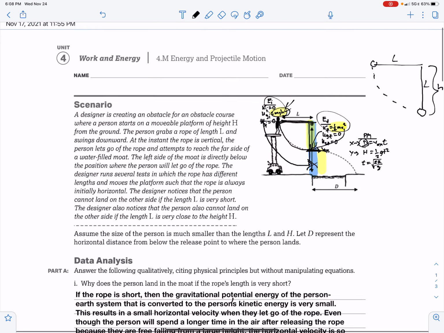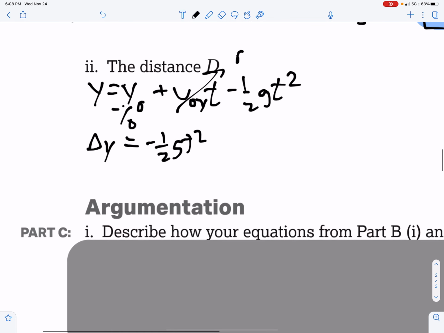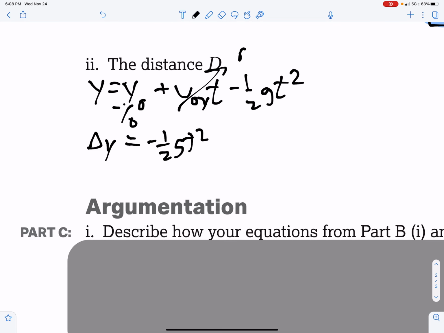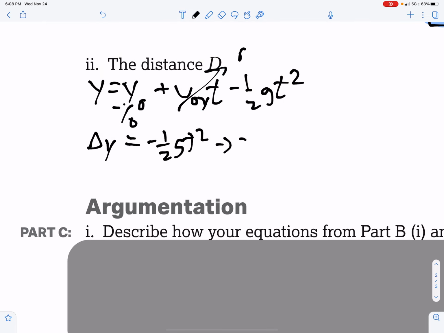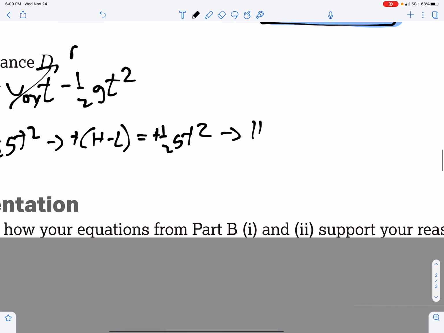So h minus L is going to be that delta y. And since you're falling, it's going to be negative. So we have a negative h minus L equals a negative 1/2 gt squared. The negatives cancel, and we have h minus L equals 1/2 gt squared.